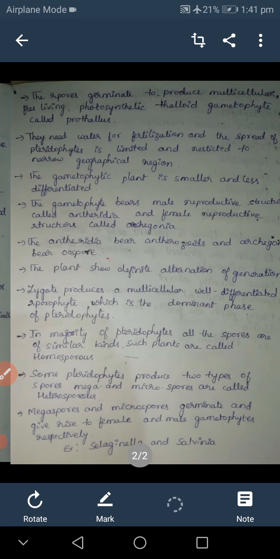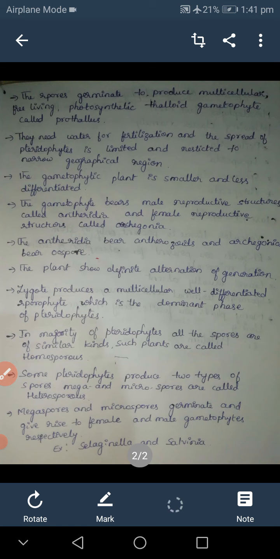Next, the spore germinates to produce a multicellular, means more than two cells are present, that is free living photosynthetic thalloid gametophyte called as prothallus. What is gametophyte? Here, gametophyte, it is a gamete producing zygote from which the sporophyte arises.